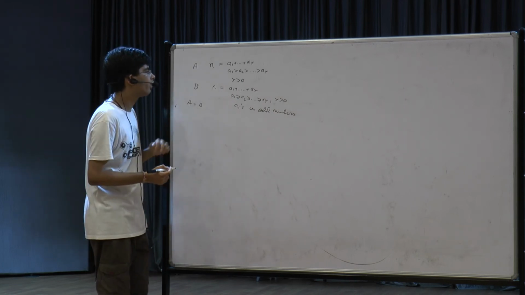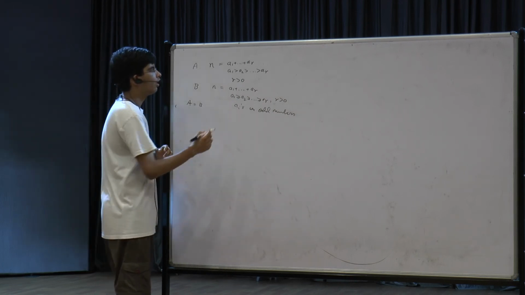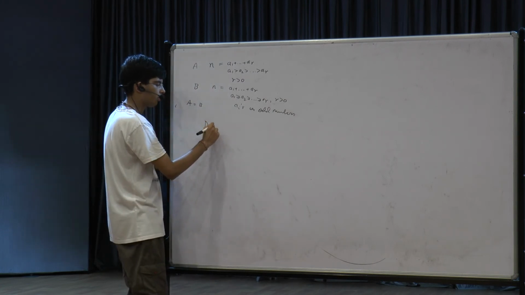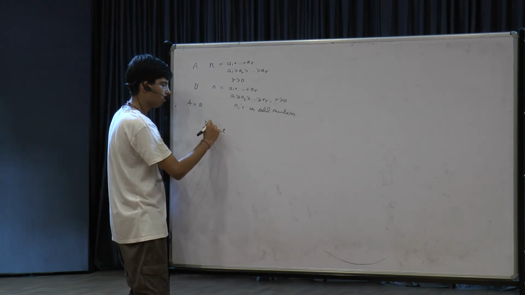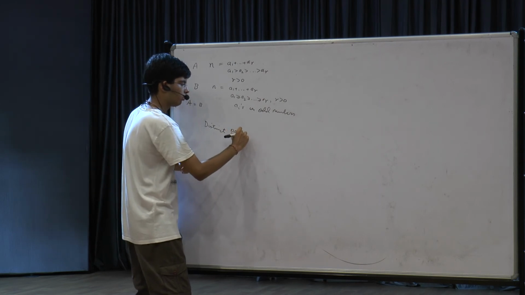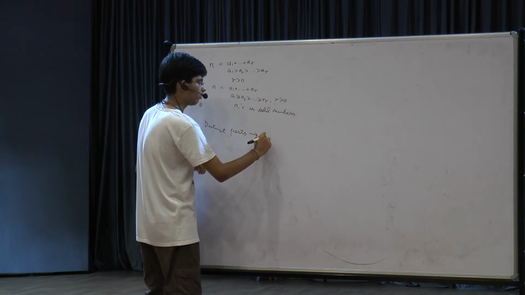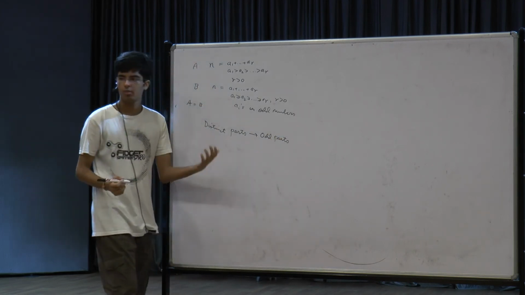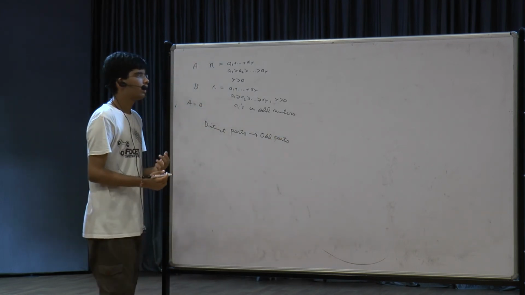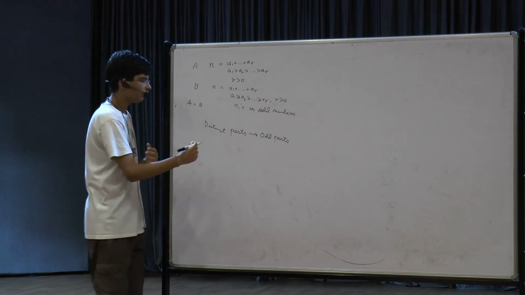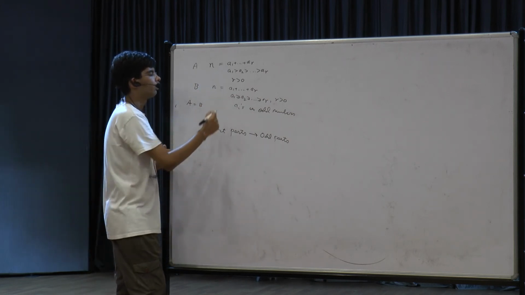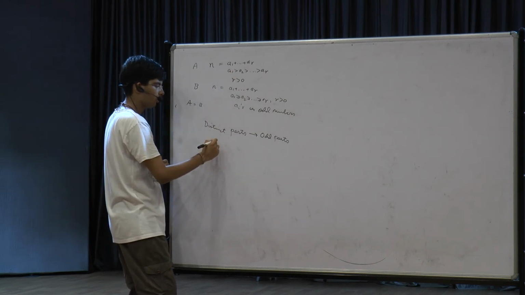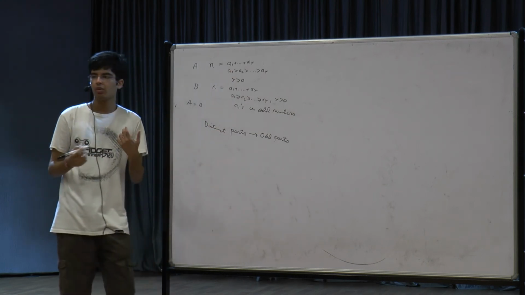So what we'll do is we'll try to construct a map from distinct parts to odd parts. And the idea there is this. Suppose you have any part. Any part is some natural number, right?